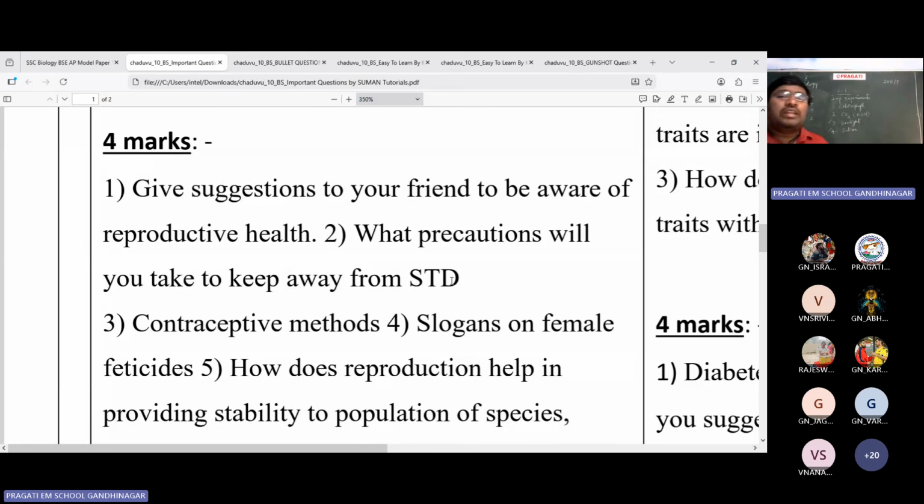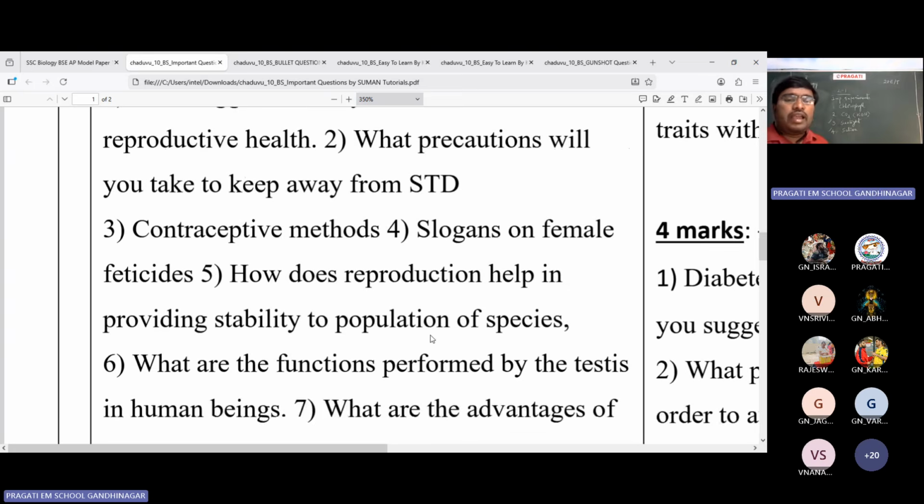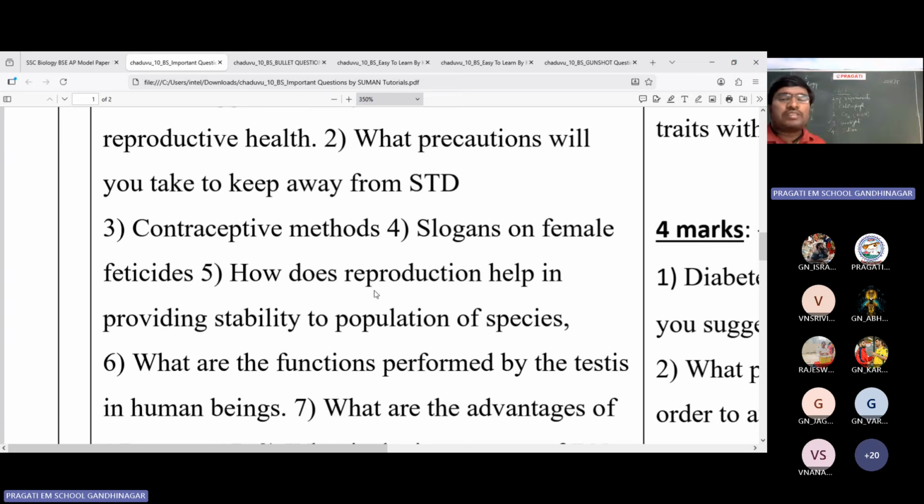And then third one is about contraceptive devices or contraceptive methods. And fourth one is about slogans on female feticide. Okay, slogans. And fifth one is how does reproduction help in providing stability to the population of species.